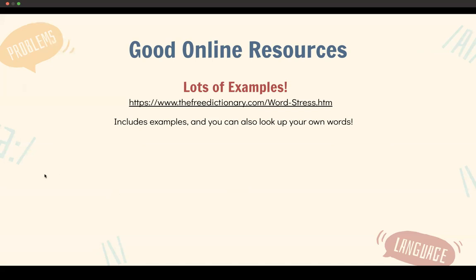And then just the actual freedictionary.com website, which I forgot to link here. It has a feature where you can look up any word, in addition to it being a normal dictionary, it will provide the narrow transcription for the word that you looked up, which will provide the comma and the apostrophe that will denote the secondary and primary word stress.